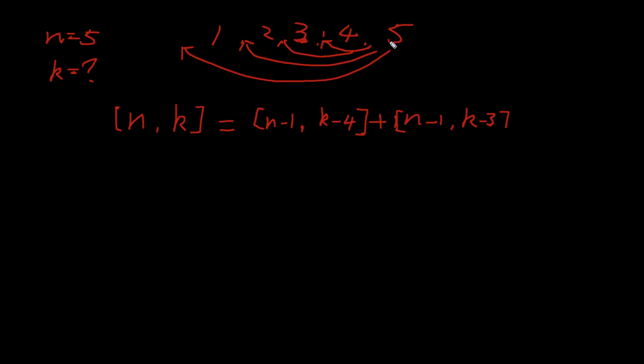Which means, by moving 5 to here, we are creating another branch of all the possible permutations. That's why we need to accumulate all the states together here, right? So here, again, we have n minus 1, then k minus 2, until the last one is going to be n minus 1, 0, right?